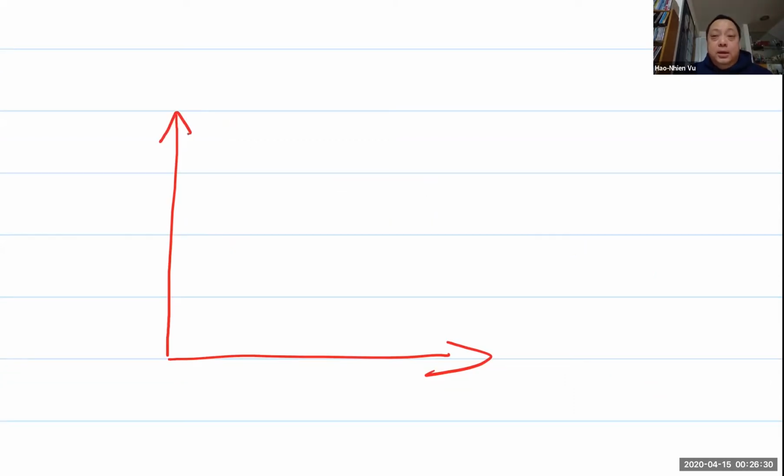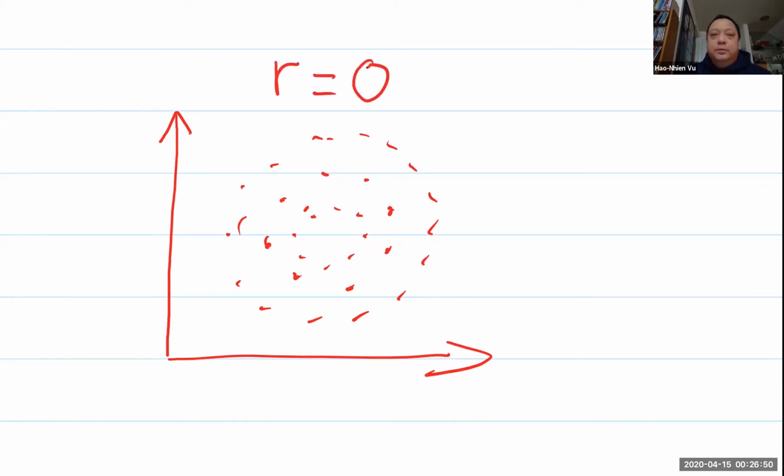And then if you have a set of points that are nothing like a line, then you have no linear correlation at all, and your R is equal to 0. So if you're looking for linear correlation, then you want either +1 or -1 or near there, but you don't want 0. 0 is not what you're looking for.